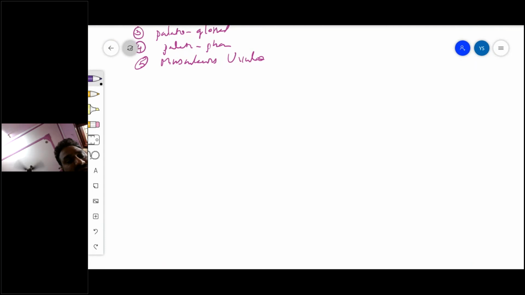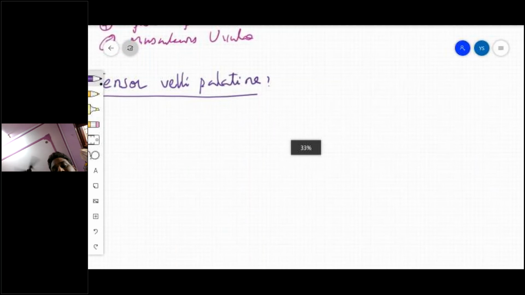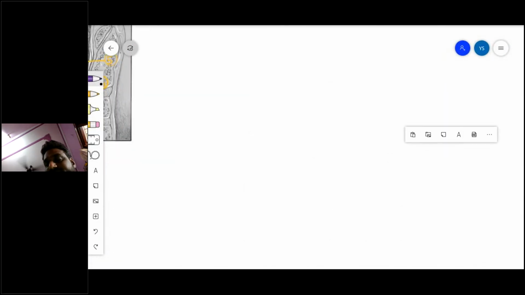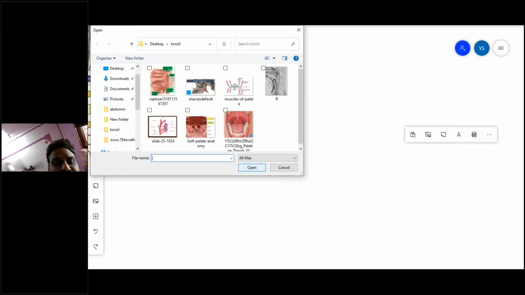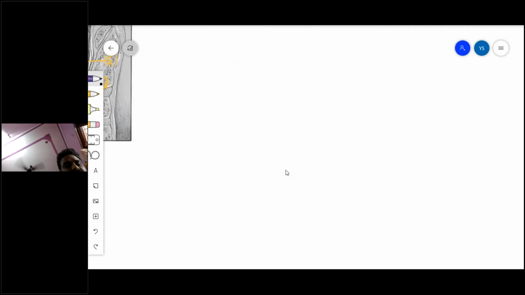So next we put the heading, tensor veli palatini. First we see that muscle in the picture. I only draw that thing.